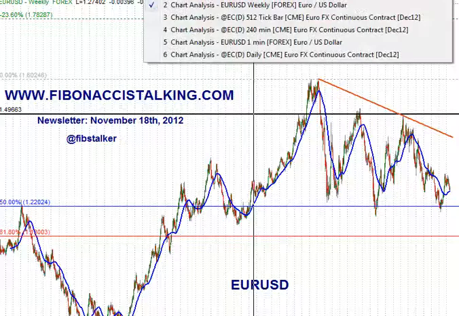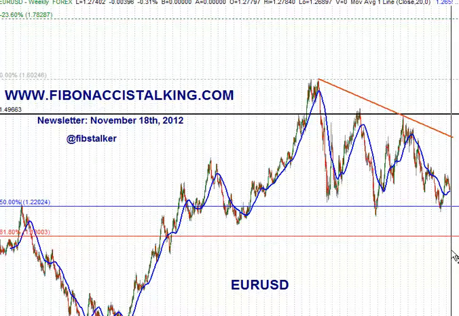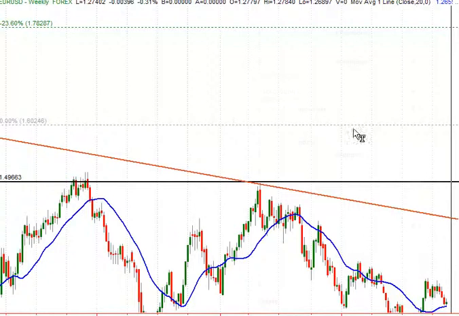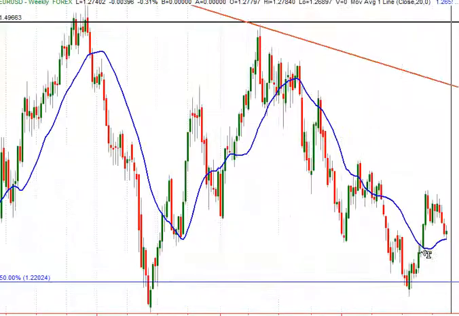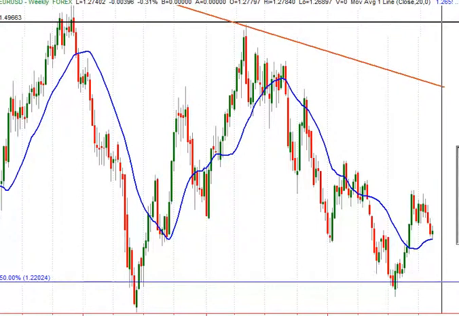Before I move to the daily chart, I want to show something very important here. The support level that we have on the weekly chart could be an important level that could help us identify the support for the euro.